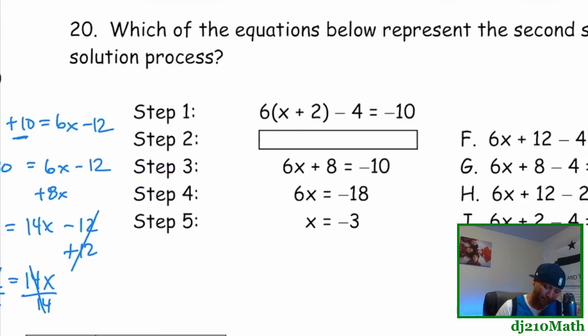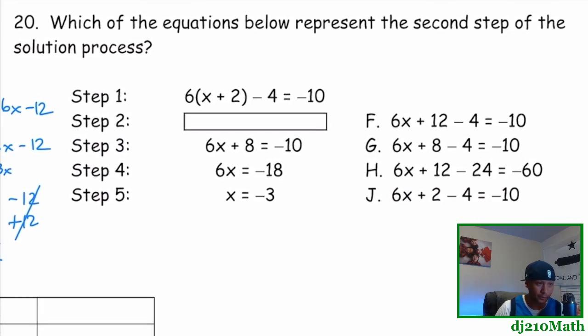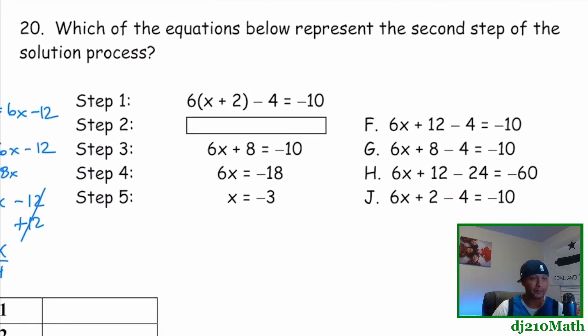All right, number 20. So here's a little critical thinking. Which of the equations below represent the second step of the solution process? So let's look at step 1. So in step 1, we see the problem. 6 times x plus 2 minus 4 equals -10.